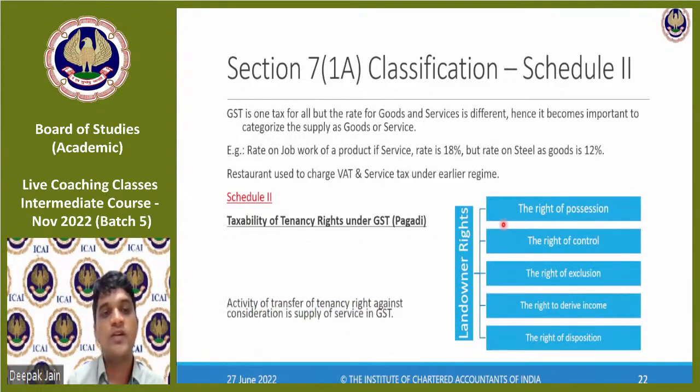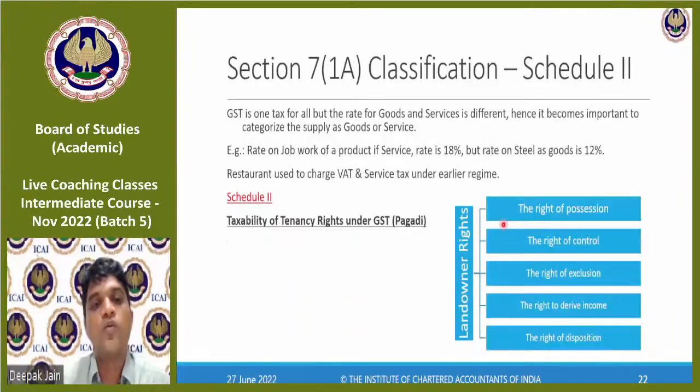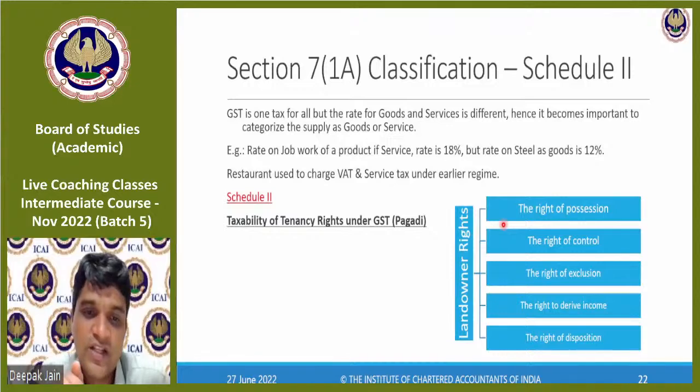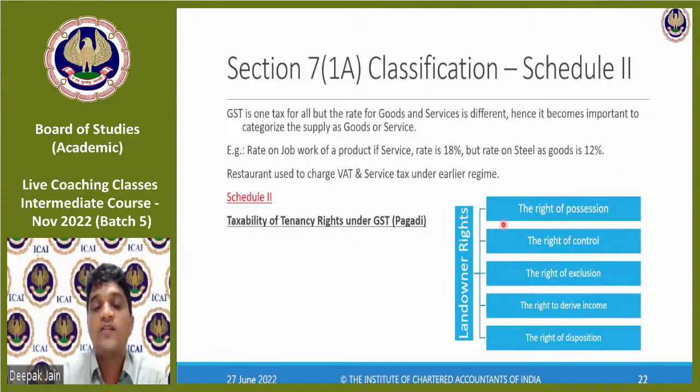Now, taxability of tenancy rights. There is again a clarification here. What are tenancy rights? Generally, when I am a landowner, I get various rights. I have a right of possession, which means I can go and stay on the land. I have a right of control. Without staying also, I can control it. I have a right of exclusion, saying what I should construct or not, or what should be left out. A right to derive income.